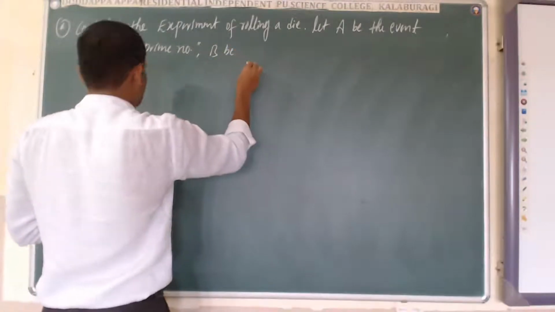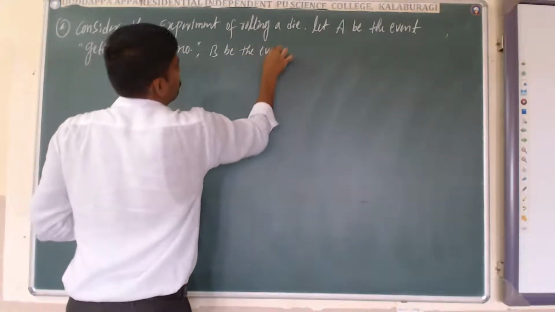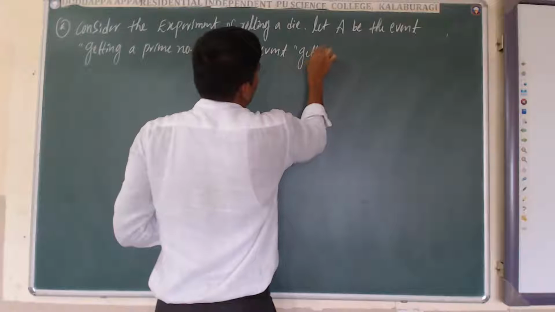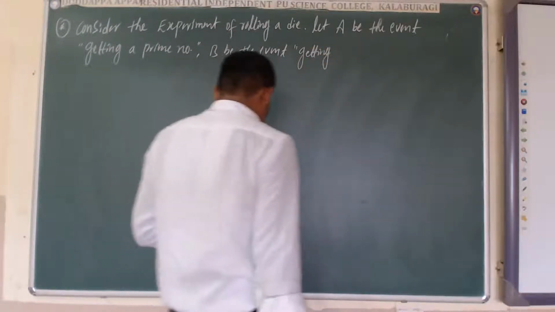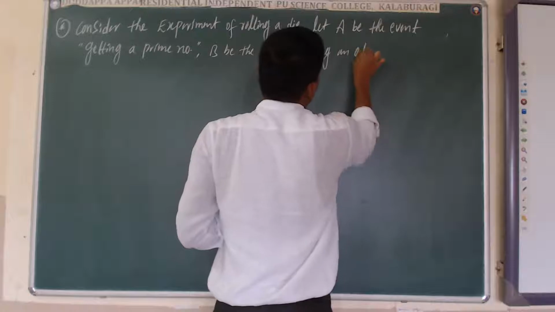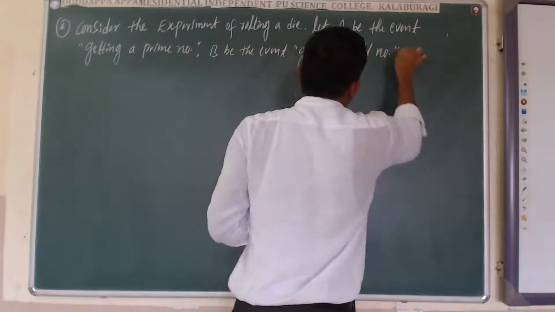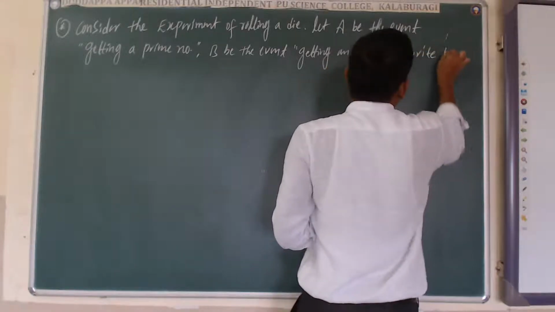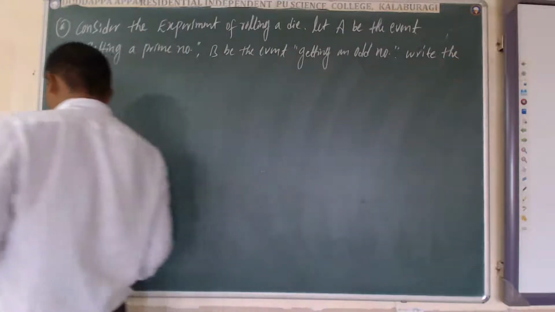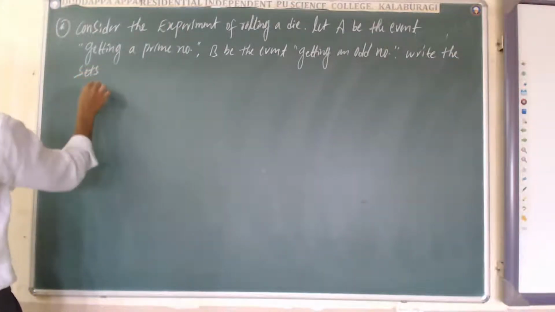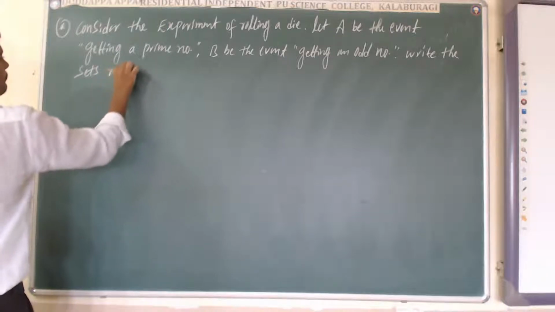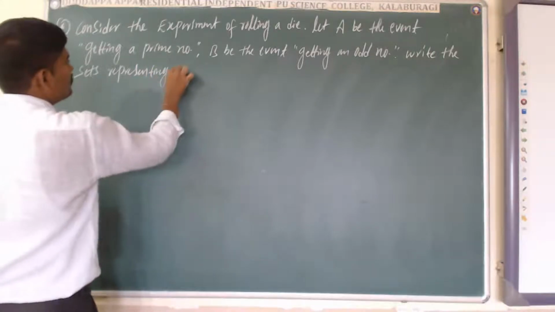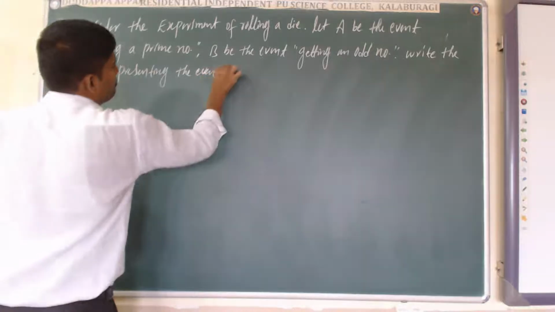B the event of getting an odd number. Write the sets representing the events.